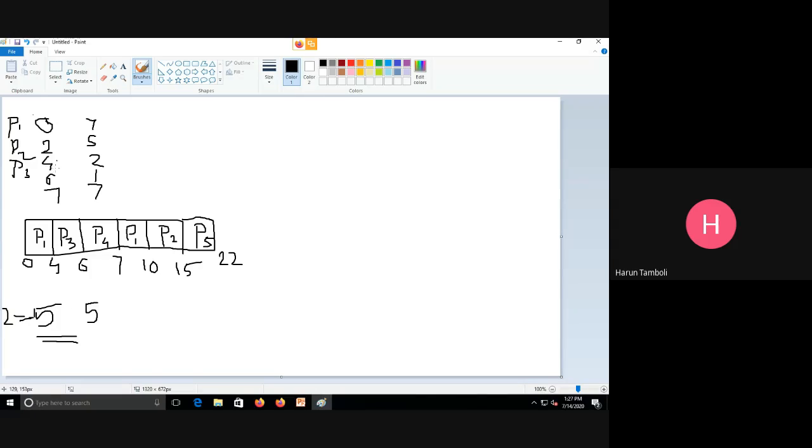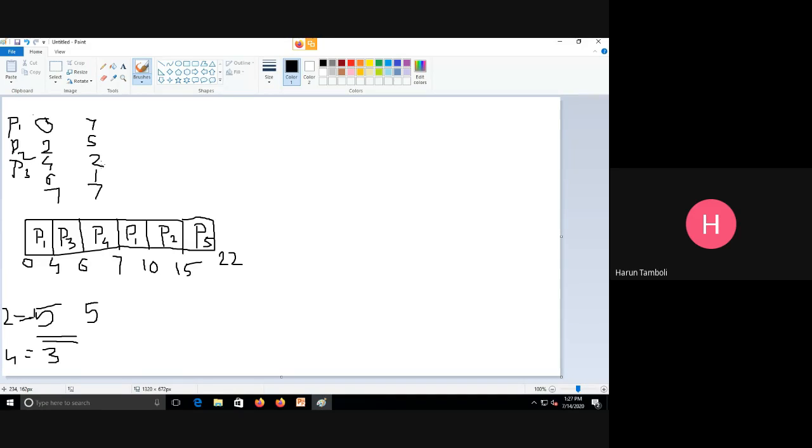Now at the 4th second, another process comes, that is P3. After 4 seconds, what is the remaining time for P1? 7 minus 4, that is 3. Now the new process that has arrived has burst time 2.